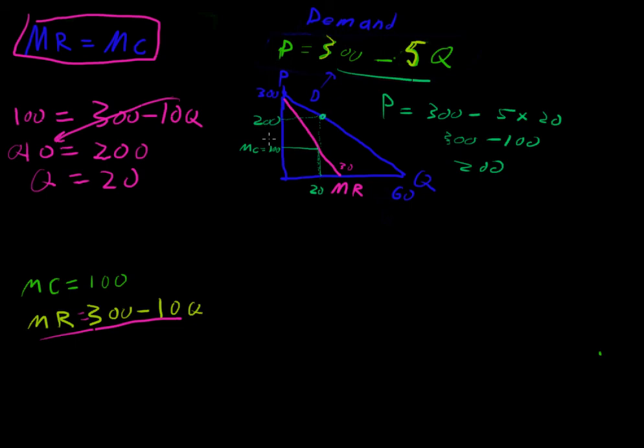Graphically, this represents the amount of money that the monopolist takes in. These are his costs. However, this part of the graph represents his profit, right? Because he's only spending 100 per unit, but he's taking in 200 per unit.